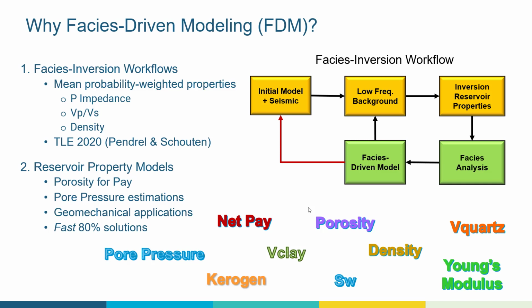Many applications here. And with the assumptions that I mentioned in the previous slide, this is really fast because the math is not all that complicated. So for an 80% solution, this gives you some reservoir properties, estimates of porosity and water saturation, and that sort of thing, very, very quickly.